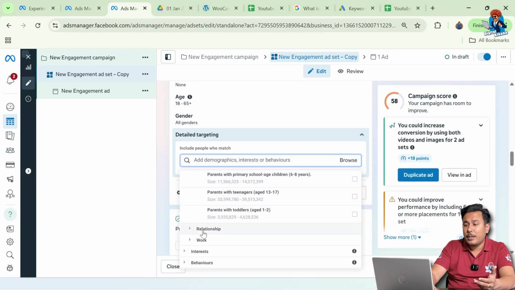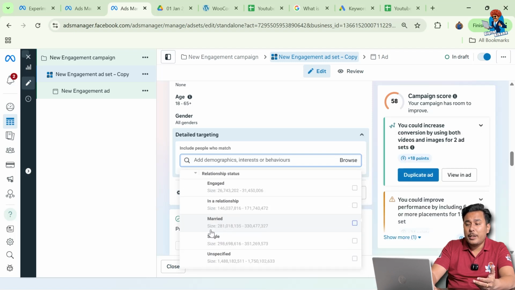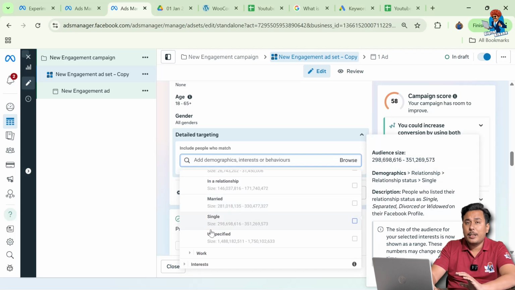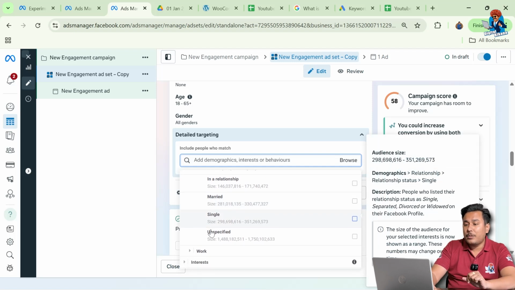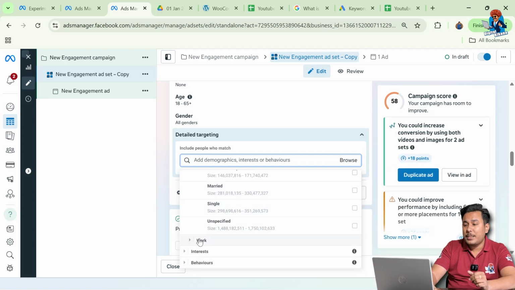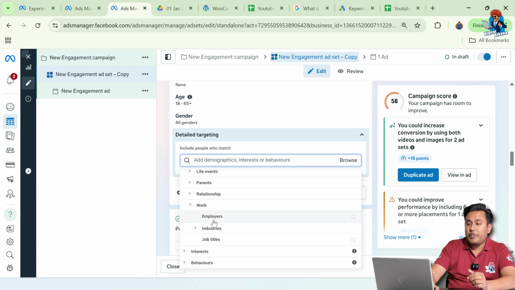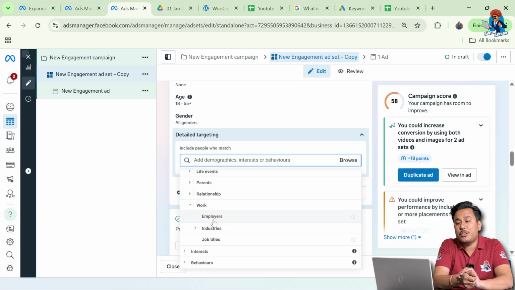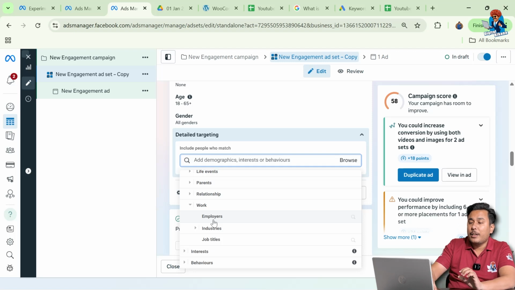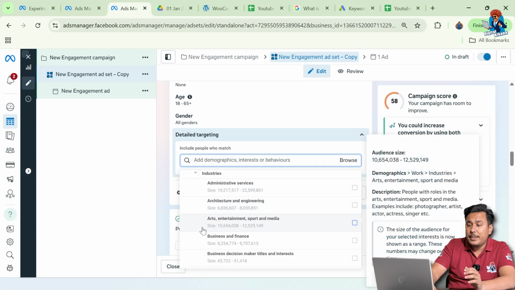Similarly, scrolling down to relationship, if you're running a matrimonial agency, then you can target people who are single or whatever their relationship status is. You can similarly target people on the basis of their work, in which kind of industry they are working, right? Or in which companies they are working.